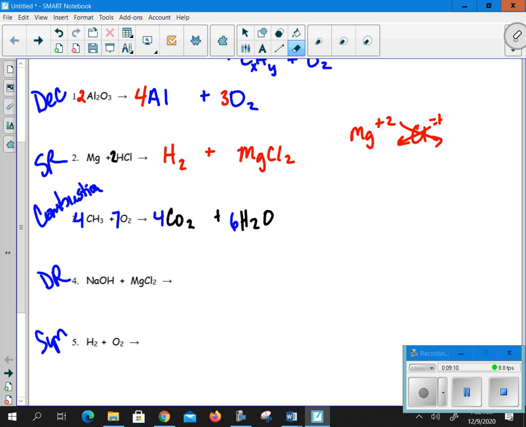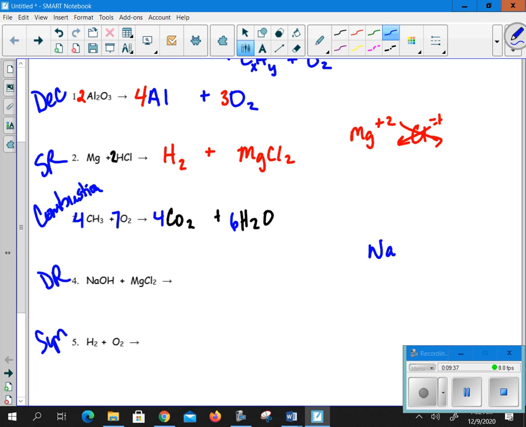All right. Now, for our double replacement reactions, I do actually have a recommendation on how to make sure, because it seems that y'all are struggling with who goes with who. So when you get a double replacement reaction, just go ahead and look up all of the individual elements or ions' charges and write them to the side.